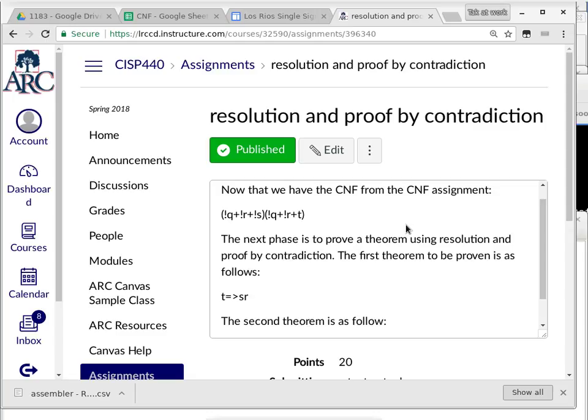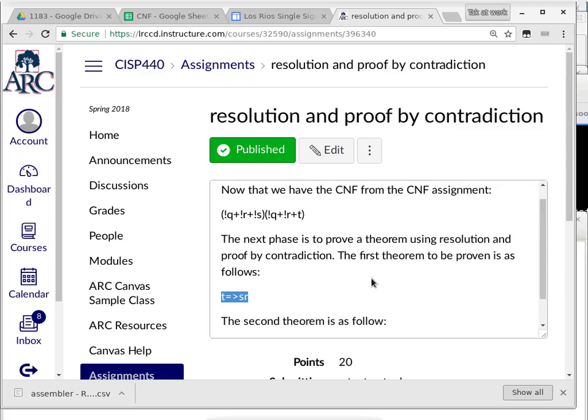The first theorem is T implies S and R. You have to tell me, using the technique of resolution, whether this is true or not. You have to use resolution and proof by contradiction, the same kind of stuff that we talked about in class.